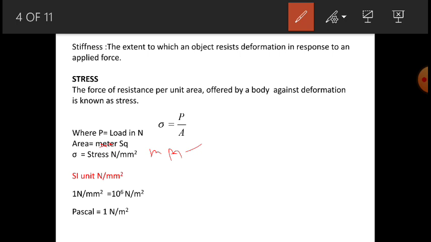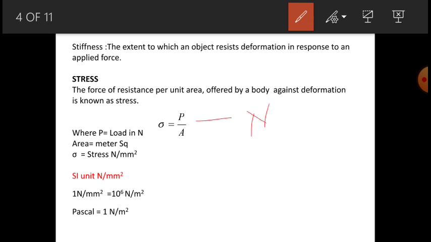And the SI unit for stress is Newton per meter square, because what is the SI unit of load?